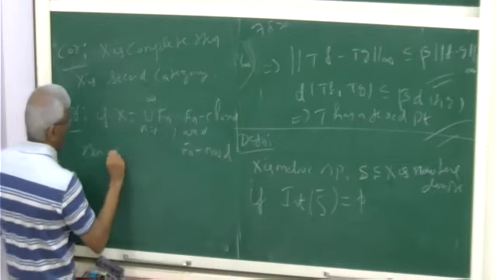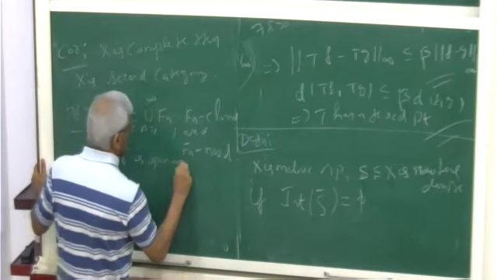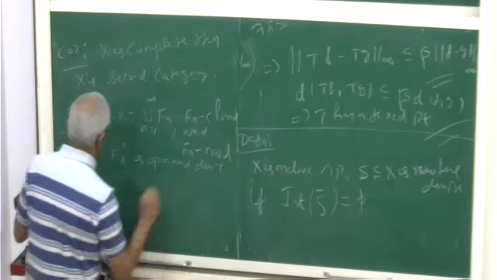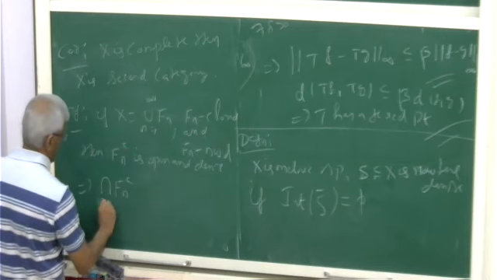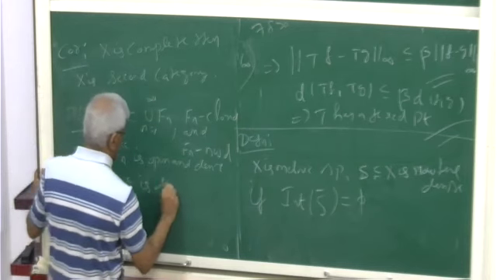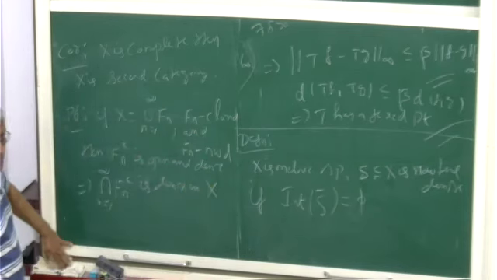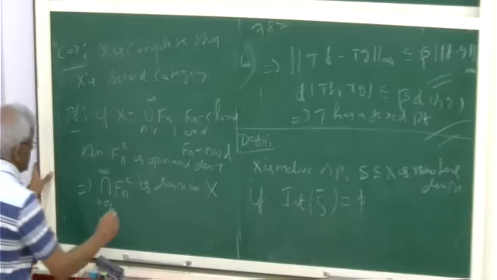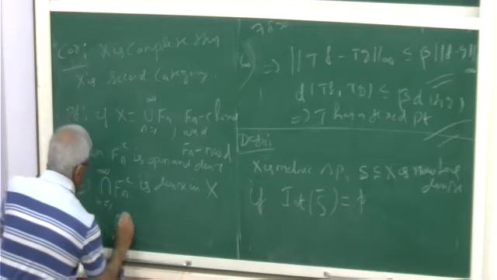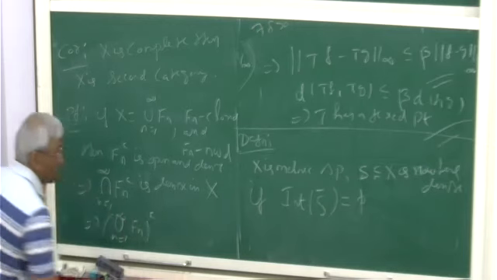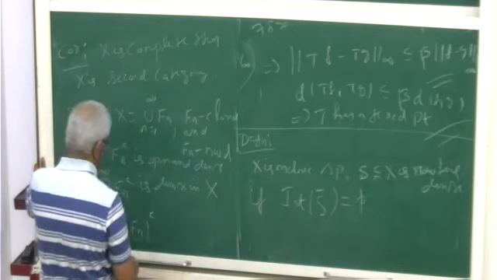Then Fn complement is open and dense. This implies the intersection of Fn complement is dense in X, right? So the complement of the union of n equal to 1 to infinity Fn is dense.